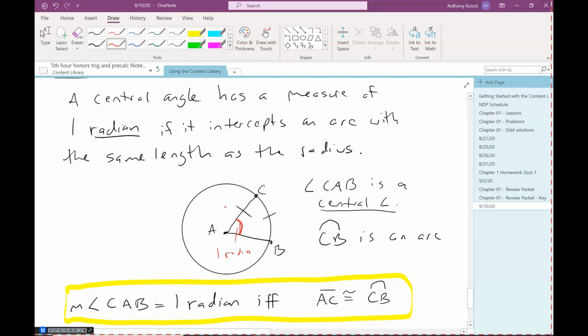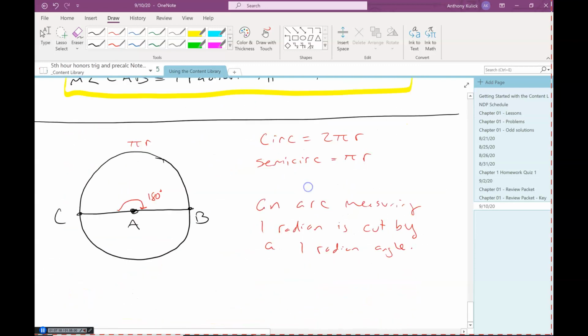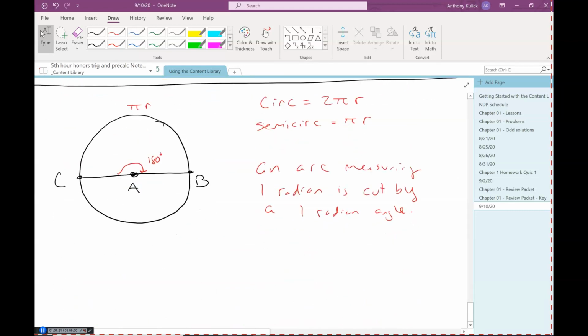Right? So by the same assumption then, we know that the measure of the angle CAB is equal to pi radians, since the arc is pi radians.